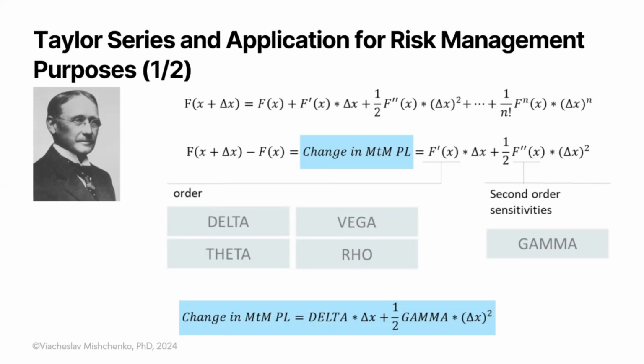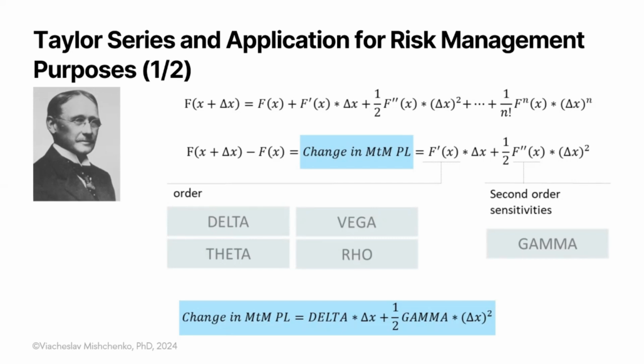In practice, we often stop at the second order, gamma, of this formula for most purposes. There are higher orders, and they become important for very large moves of highly nonlinear instruments, like some exotic options.